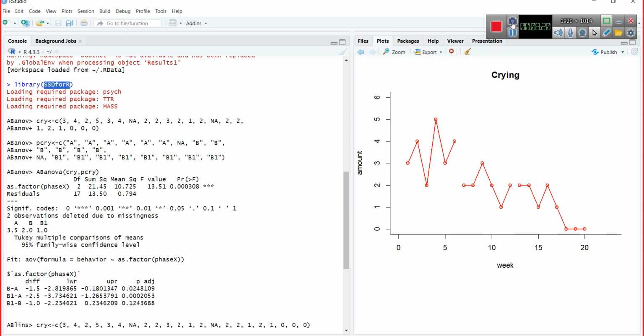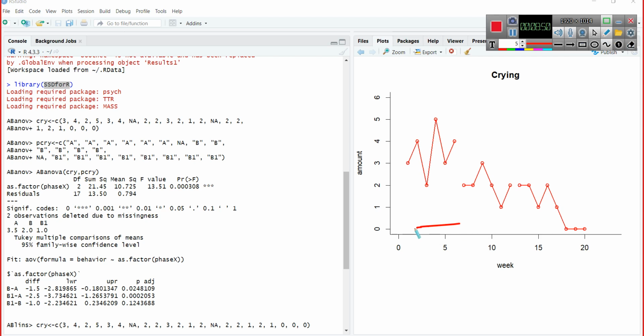So, for example, in this example, you can see measurements in three different phases implemented during 20 weeks. For example, for a dependent variable like baby crying, this is the baseline.